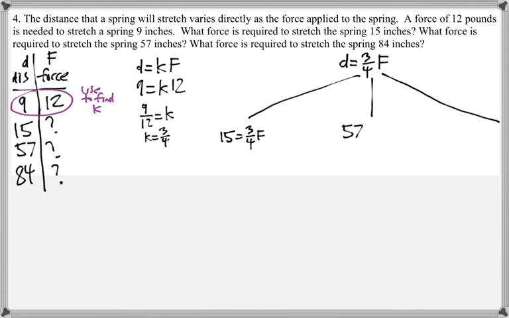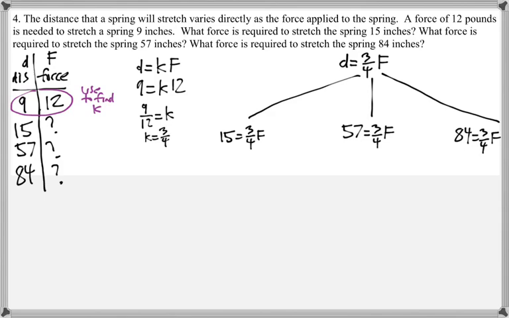And 57 is equal to 3/4 times the force. And 84 is equal to 3/4 times the force. So we plugged in the distance, 15, 57, and 84. And on each of these, they're asking for the corresponding force.